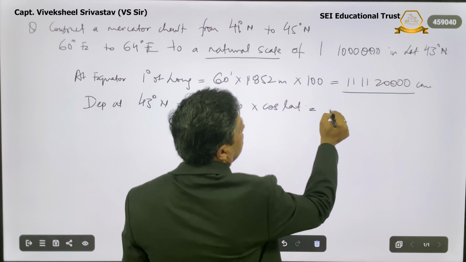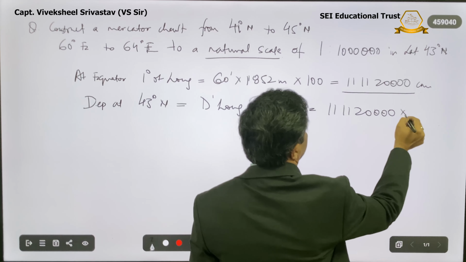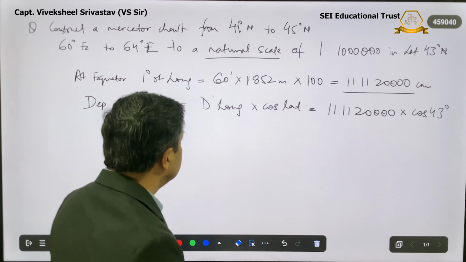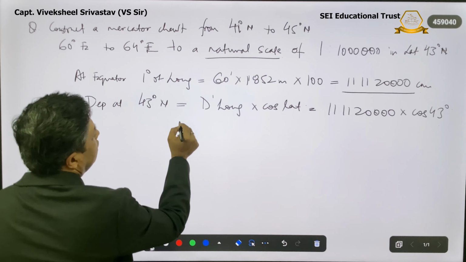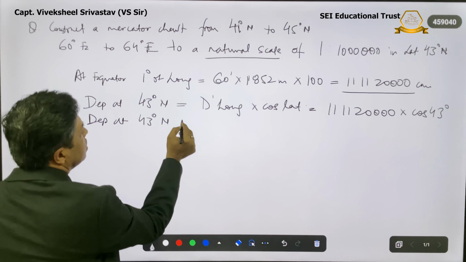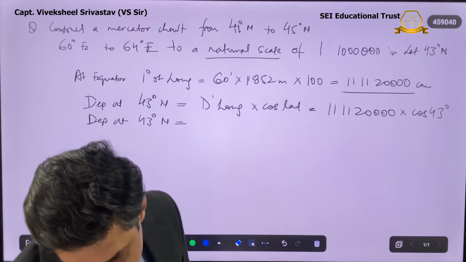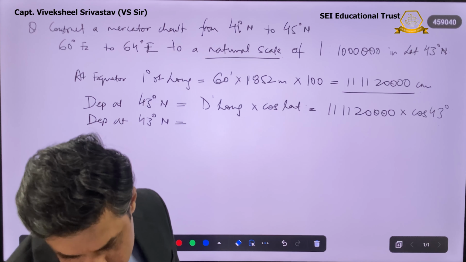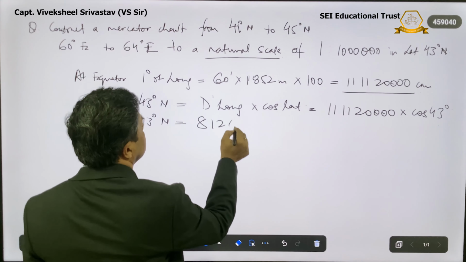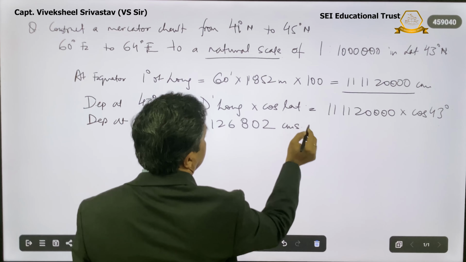So 1111 20,000 into cos of 43 degrees. Okay, so we get the departure at 43 degrees north, and how much that will come out to be? Around 8126802 centimeters.